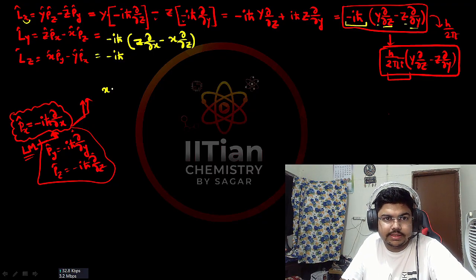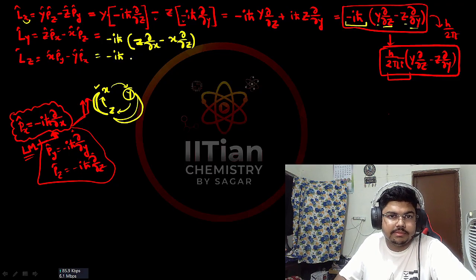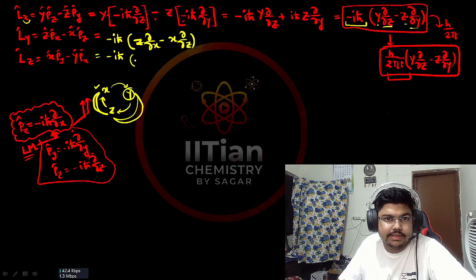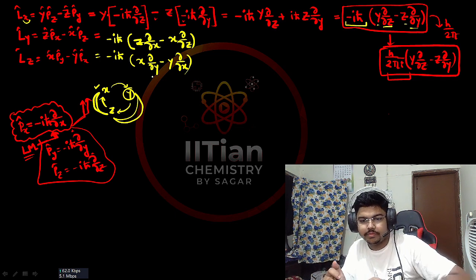So like this, x to y to z. When it is Lz, then x del/del y minus y del/del x. Clear? No issues?